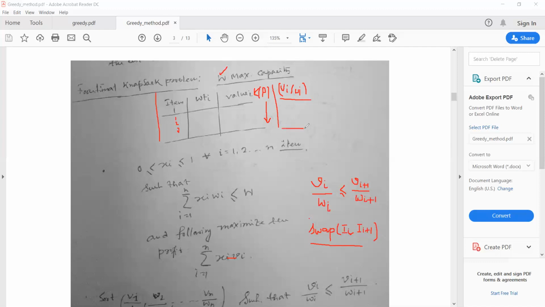That will be our target to get the feasible solution.